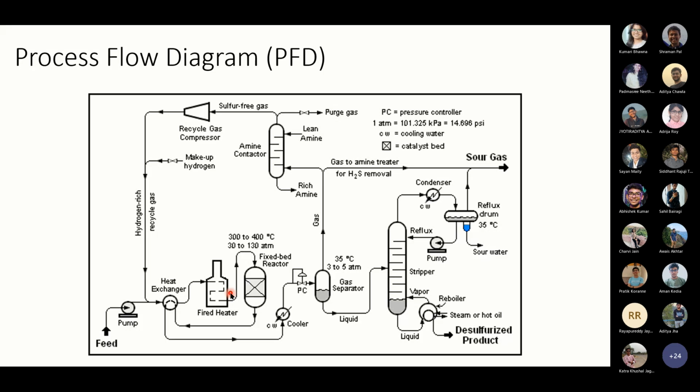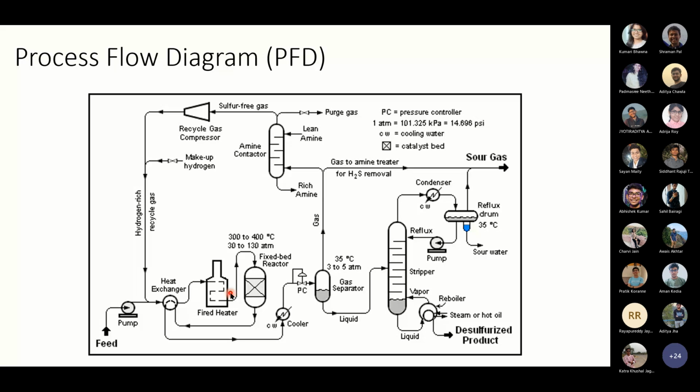Now, in this CPT course, we will use process flow diagrams of various industries to understand the overall industrial processes.